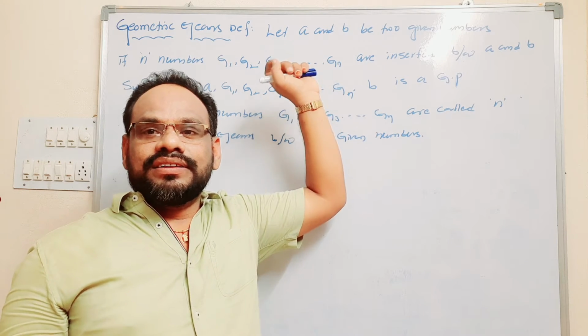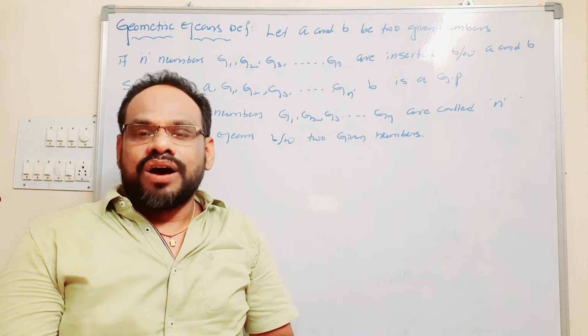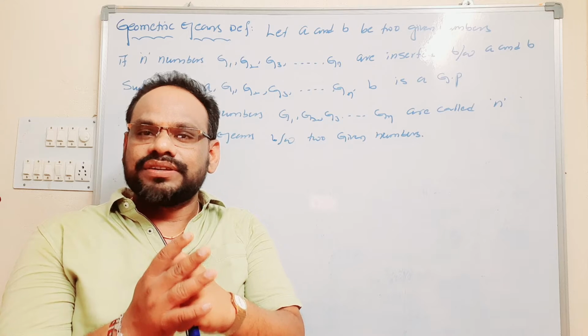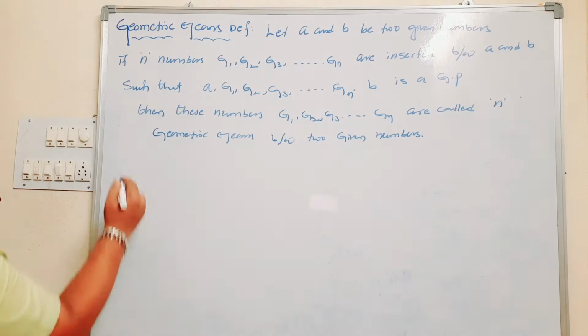This is the geometric mean definition. And how to find the single geometric mean between two given numbers.